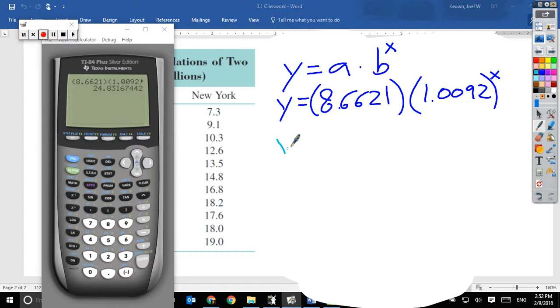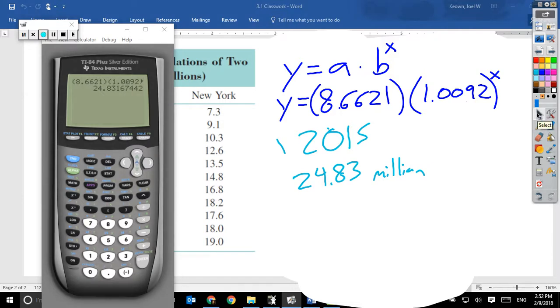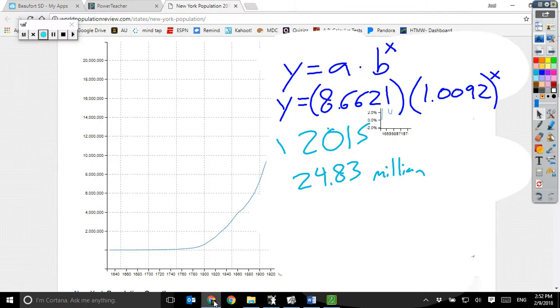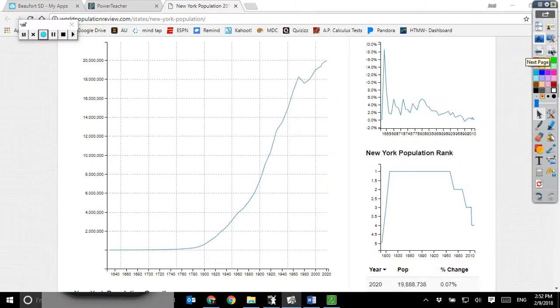Notice a lot larger. So this tells me that in the year 2015, the population would be 24.83 million. So that's if I use exponential. Well, a reminder, that's 24.8. The actual value, let's scroll back up.